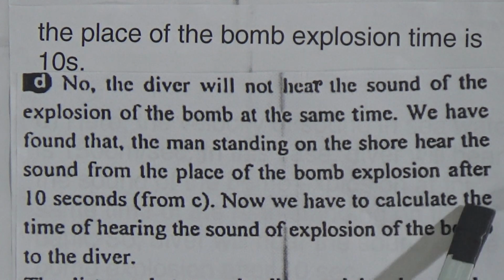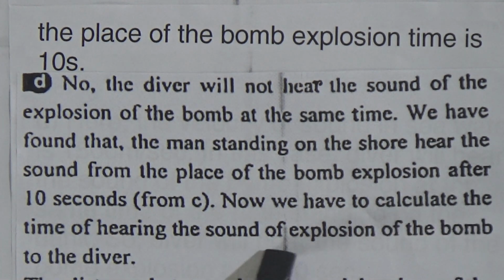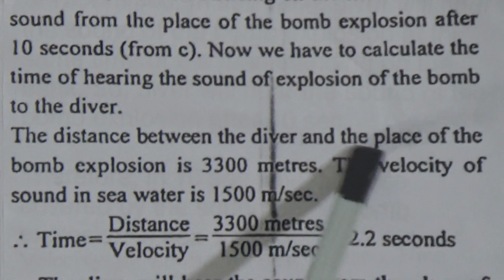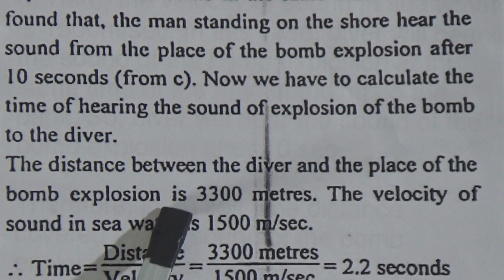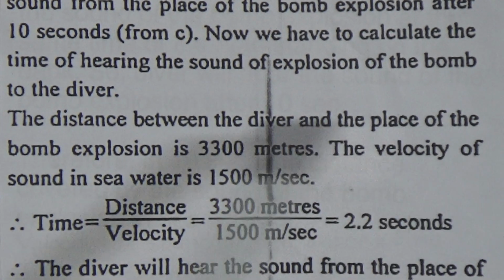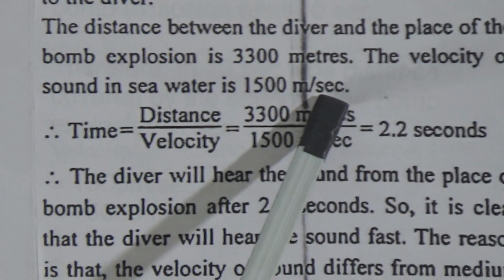Now we have to calculate the time of hearing the sound of the explosion of the bomb for the diver. The distance between the diver and the place of the bomb explosion is 3,300 meters. The velocity of sound in sea water is 1500 meter per second.